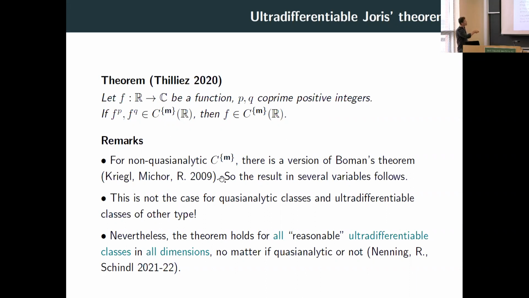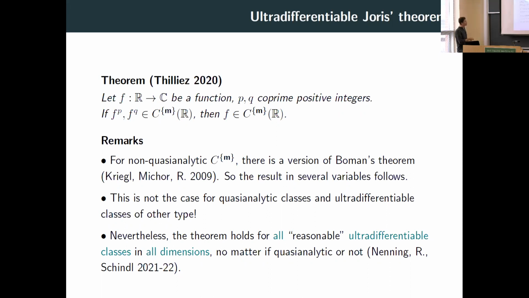But for non-quasi-analytic Denjoy-Carleman classes, as we have here, there is a version of Bochner's theorem, so you get immediately the multidimensional result. But for quasi-analytic classes, this is not true. So it's actually not clear, if you have this result, how to go to many dimensions.